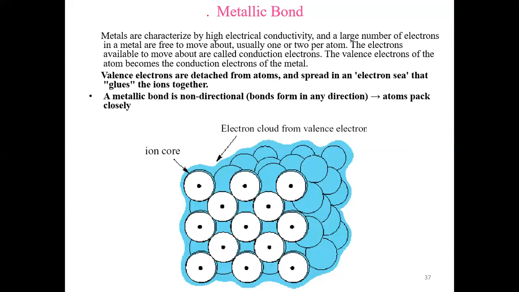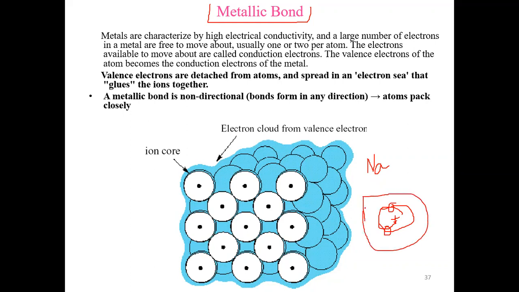So today we are going to study metallic bond. Metallic bond basically exists in metals. So we know that if you look at the electronic configuration of sodium metal, you will have the nucleus over here, and then two electrons in the first orbit, and another 8 electrons in the second orbit.